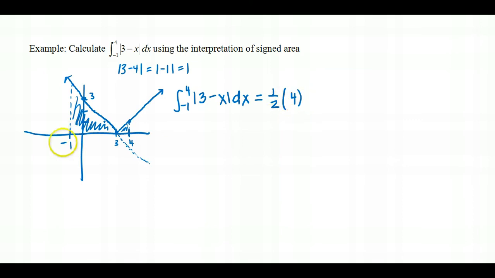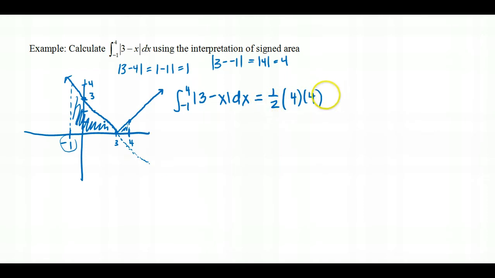So base times, and my height here is also going to be 4. So again, to find that value, if I wanted to, I can substitute -1 into the function. So I could get 3 minus -1 in absolute value bars, which is the absolute value of 4, or just 4. So this first triangle has base 4, height 4, and it's positive.